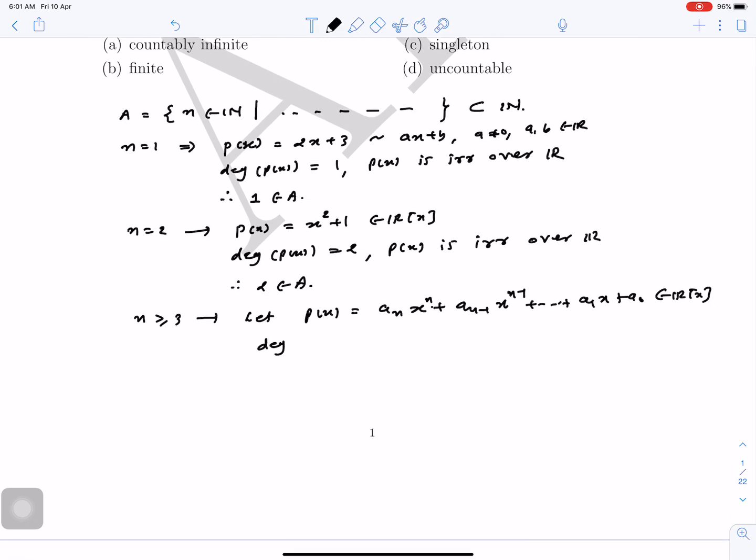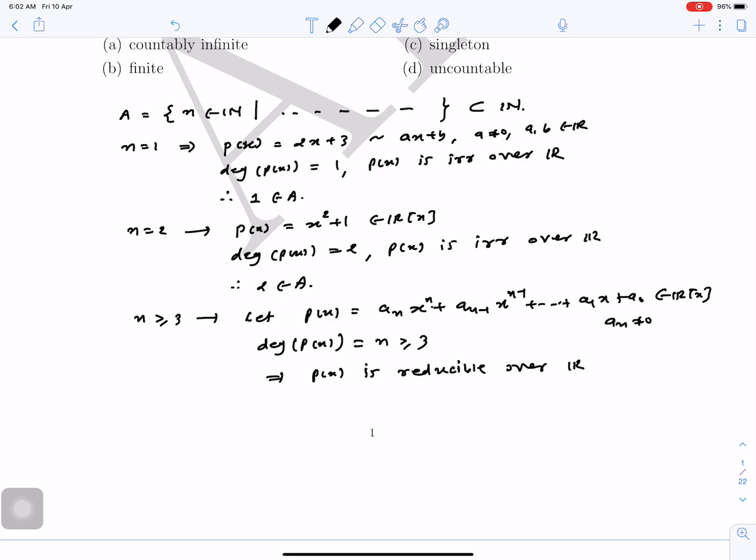Then the degree of p(x) is n, where a_n is not equal to 0 and n is greater than or equal to 3, which implies p(x) is reducible over R. We know any polynomial of degree greater than or equal to 3 over R is always reducible.